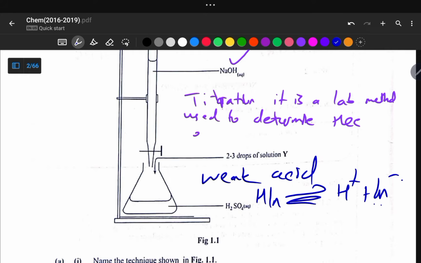According to Le Chatelier's principle, when a system or a reaction in equilibrium is disturbed, the equilibrium position will shift to oppose the change and try to restore the equilibrium position.